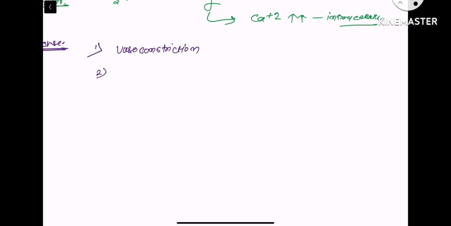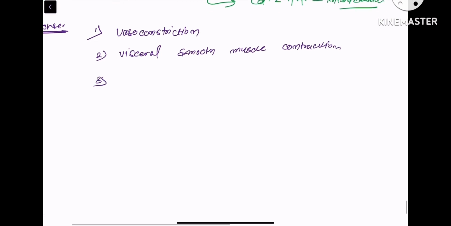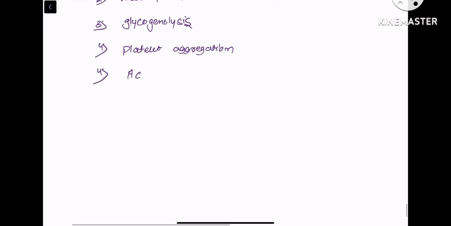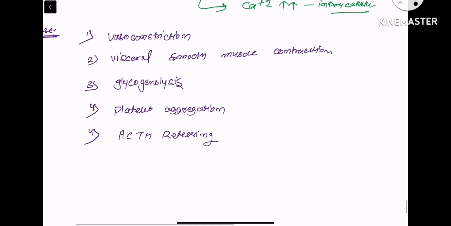Second, vascular smooth muscle contraction. Third, glycogenolysis. Fourth, platelet aggregation. Fifth, ACTH release. Up to here is V1A activity, and this is V1B activity.